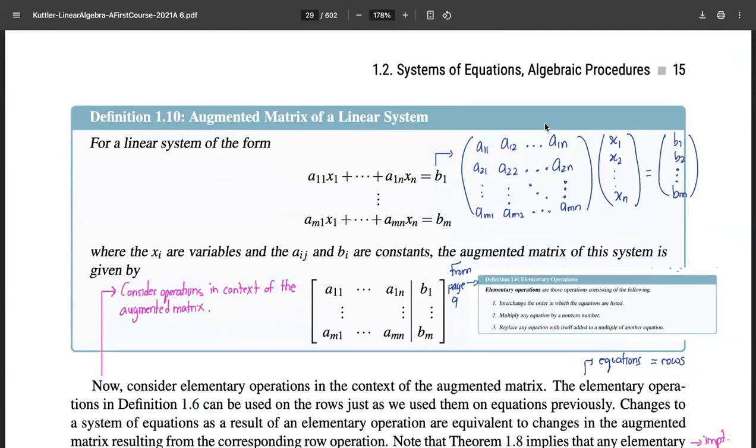So here we have m equations and variables x1 to xn, so n variables. So this will lead to a matrix of size m times n.